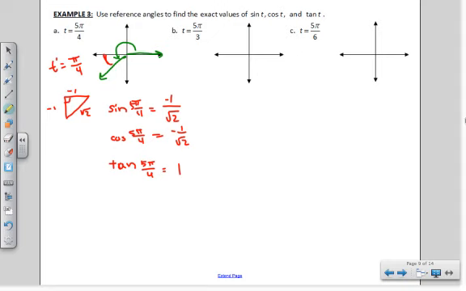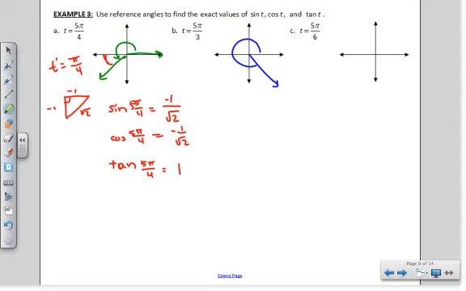Okay? All right, so looking here at 5 pi over 3. Notice that 3 goes into 180, 60, the 180 divided by 3 is 60, so our reference angle is 60. So we have a 30, 60, 90 with a reference angle of 60 in quadrant 4. Okay, 5 pi over 3 is right here.